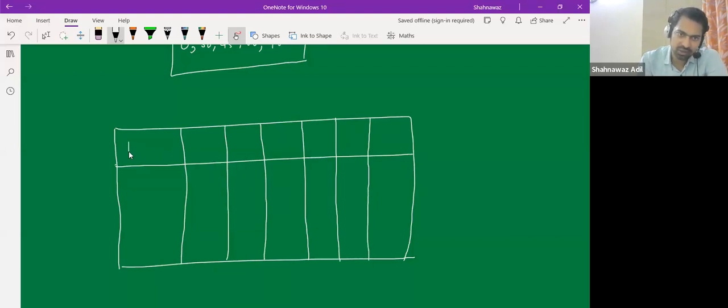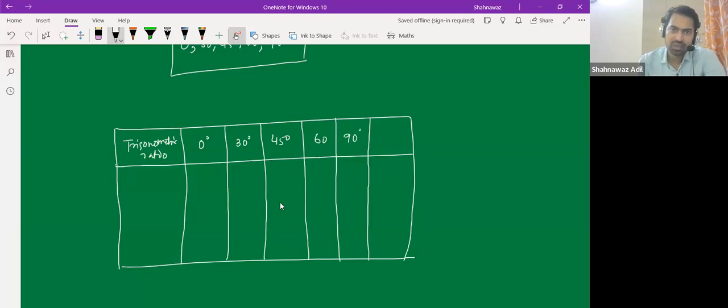So this is a trigonometric ratio, right? Or trigonometric functions, trigonometric ratio, and then you have the angle. So this is 0 degree, 30 degree, 45 degree, 60 degree, and then 90. So you have these specific angles.